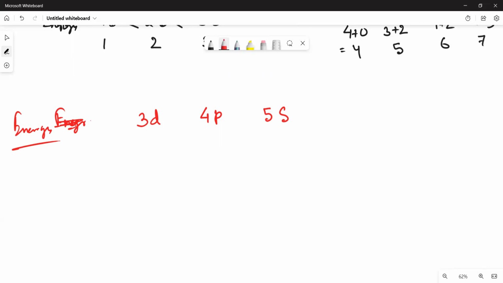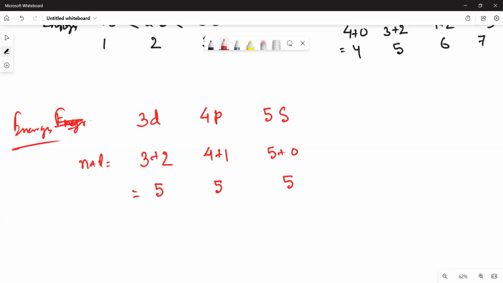So what you will do? 3 plus 2, 4 plus 1, then 5 plus 0. So it is 5, it is also 5, it is also 5. Now the confusion arises that since in all cases the n plus l value is the same, then how to fill the electron?